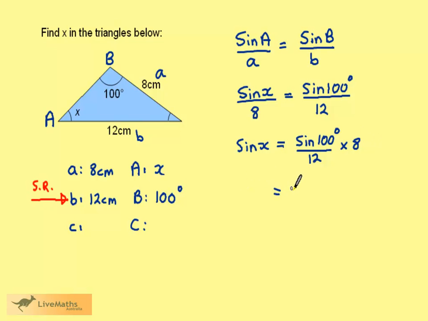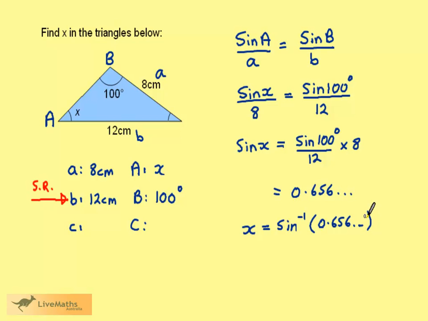This calculates to give us 0.656 and so on. x, the angle, is going to be the inverse sine, in exactly the same way as it is with right-angled trigonometry. We press Shift and Sine of the last answer, 0.656 and so on.